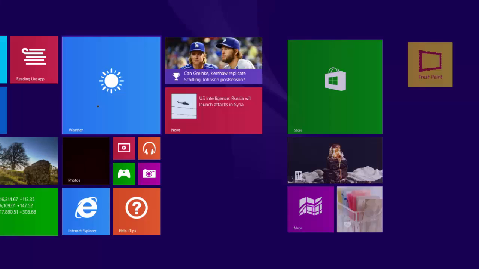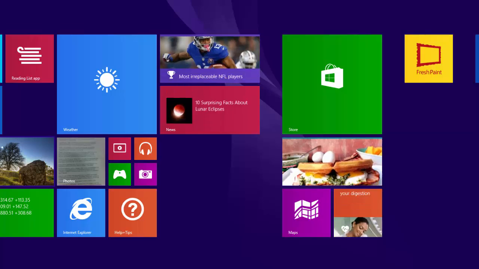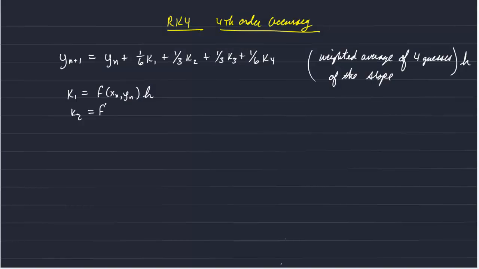K2 is equal to f at xn plus a half a step ahead, so that's h over 2, and y at point n plus 1/2 of k1. So this describes where we're evaluating the slope. That's for the second term.